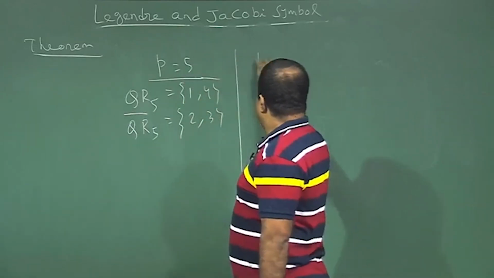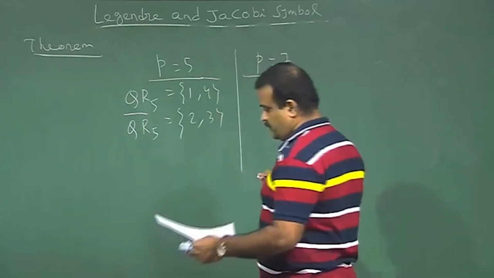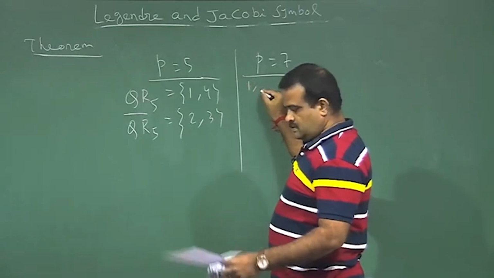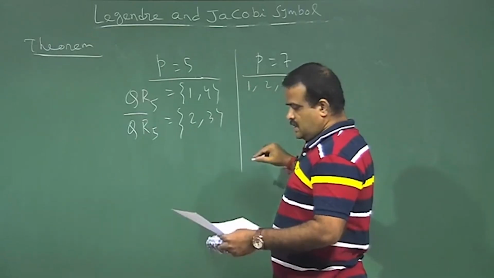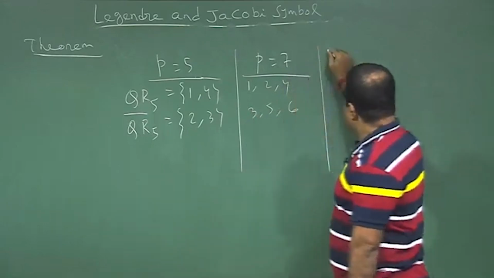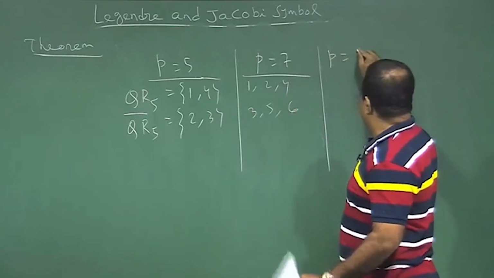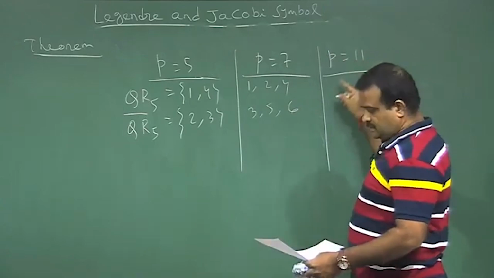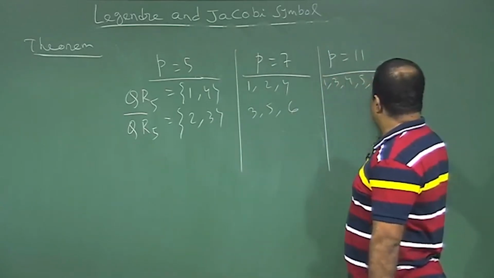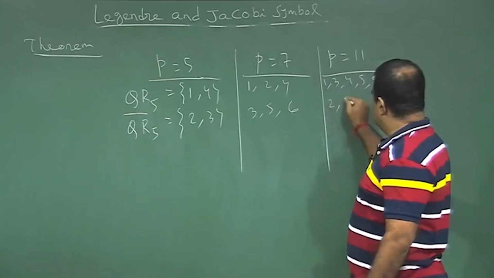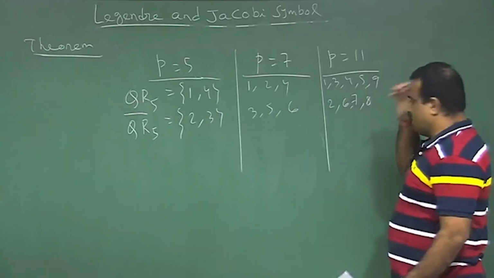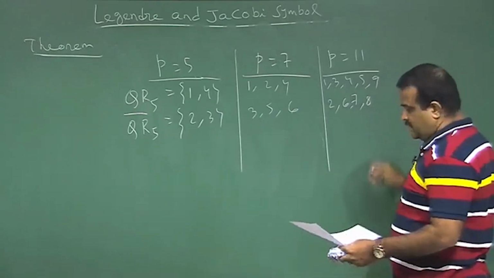Say for p equal to 7, the quadratic residues are 1, 2 and 4, and the quadratic non residues are 3, 5 and 6. This can be easily verified. For p equal to 11, this example we have seen: 1, 3, 4, 5, 9 are the quadratic residues, and the quadratic non residues are the remaining elements of Zp.